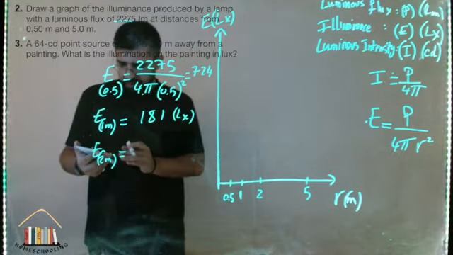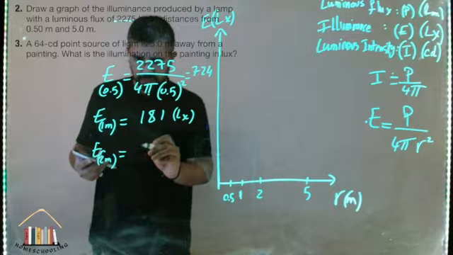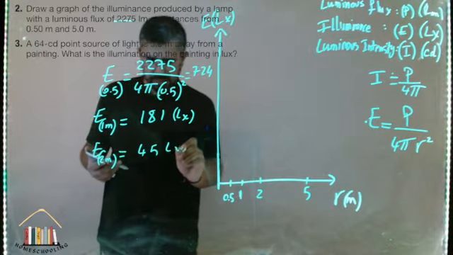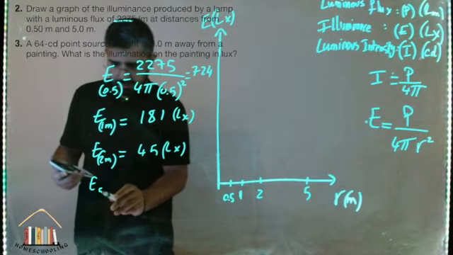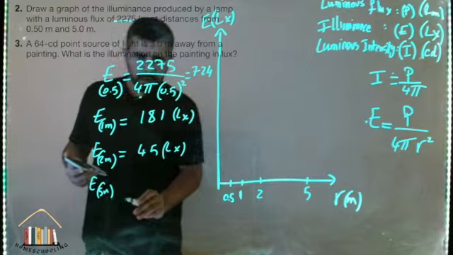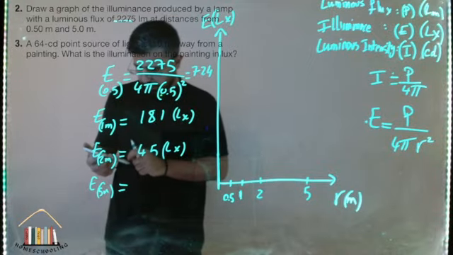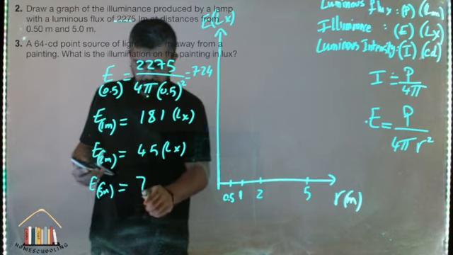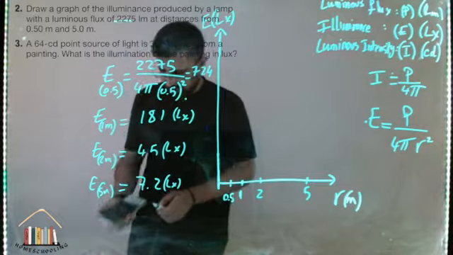So E for 2 meters is equal to 45 lux, and E for 5 meters, the last value, will be equal to 7.2 lux. So now let's put the values on the graph.